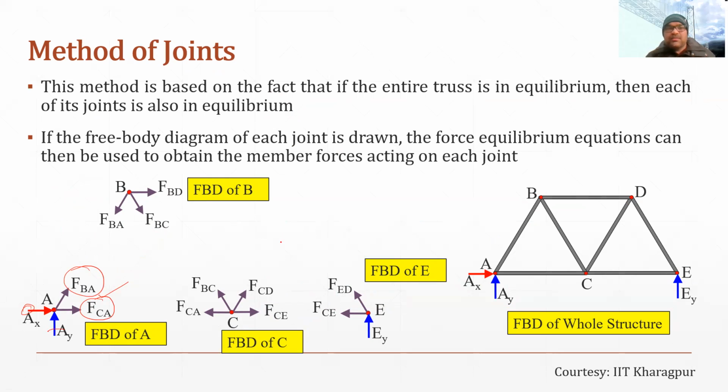So basically, in the method of joints, if we have to find out the force in all the members, we will take the joints one by one and apply the force equilibrium equations, and then we can find out the magnitude of the force in the member.